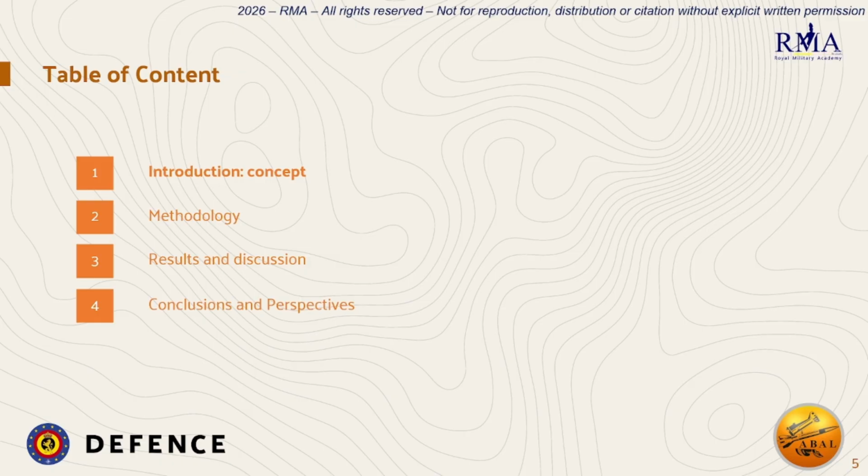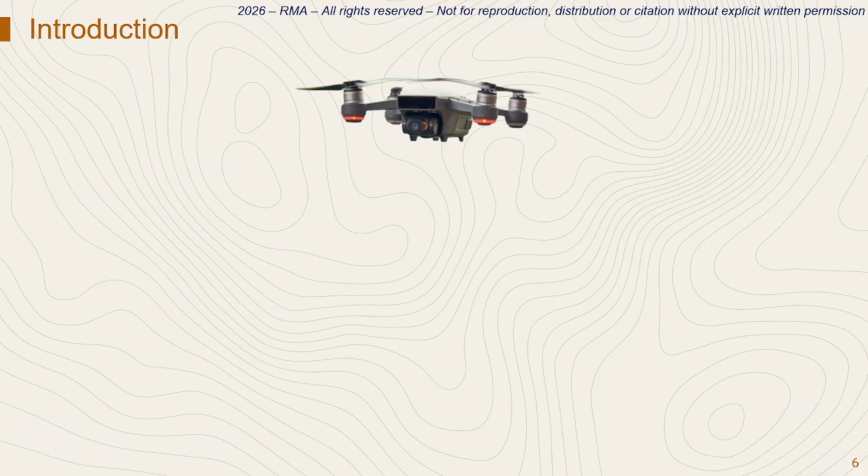Today I will walk you through the methodology we developed, which is essentially the core of this presentation. Then we will look at the results and discussion as we've applied it to an experimental data set, and we will wrap up with conclusions and perspectives.